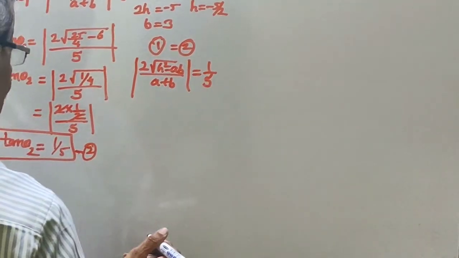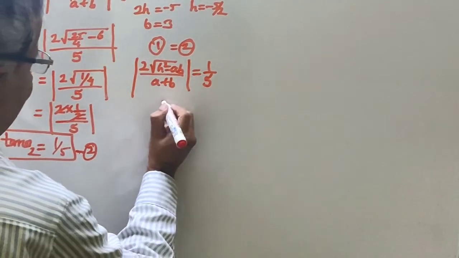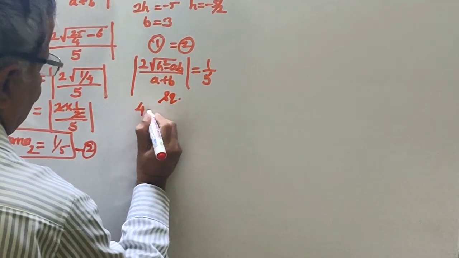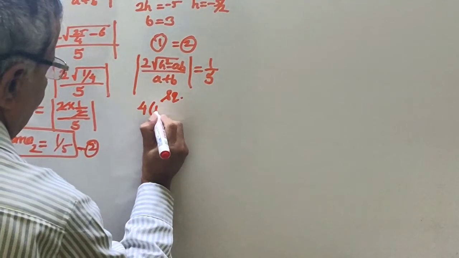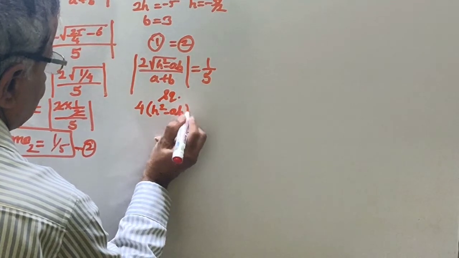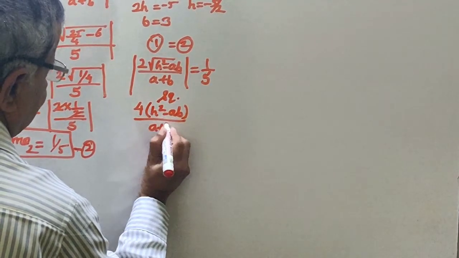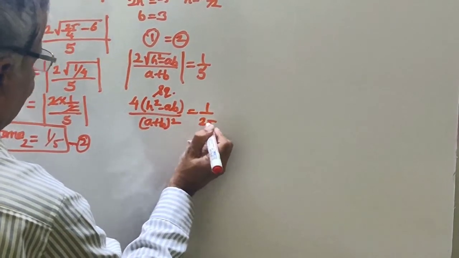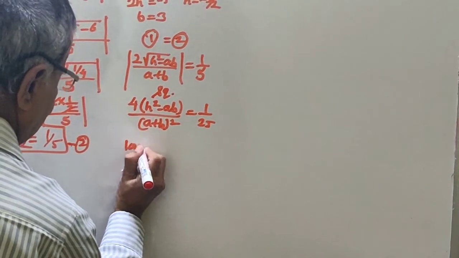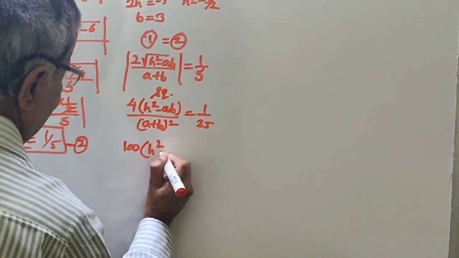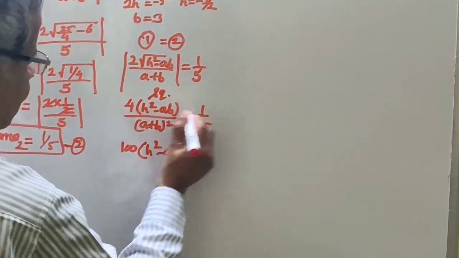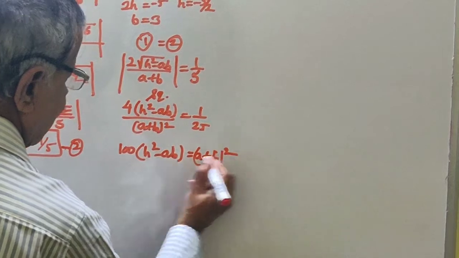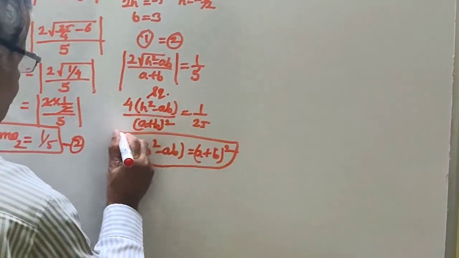Now what I will do here is square on both sides. 2 square is 4. Now the root will go, so 4 (h square minus ab) upon (a plus b) the whole square is equal to 1 by 25. Now I will cross multiply. So what will come here? 100 (h square minus ab) is equal to (a plus b) the whole square. This is the required answer for the given problem.